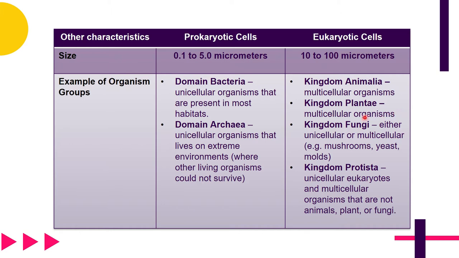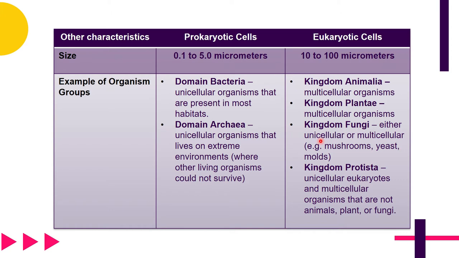And then next we have another example of eukaryotes: organisms under the kingdom Fungi. The organisms in kingdom Fungi could be either unicellular or multicellular. I said earlier that not all unicellular organisms are prokaryotes. Some of them are eukaryotes.